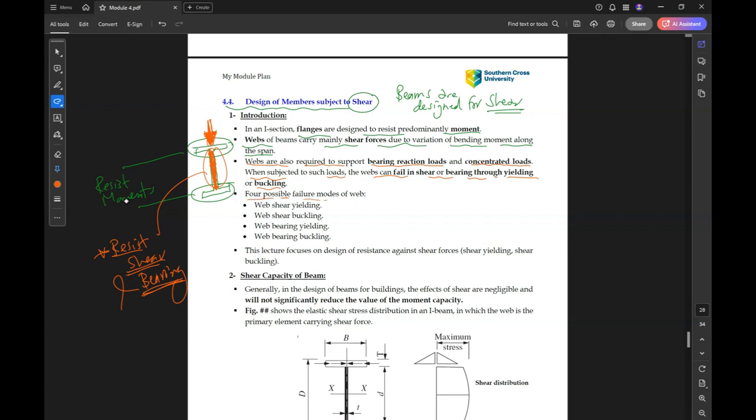Four possible failure modes can happen to the web: web shear yielding, web shear buckling, web bearing yielding, and web bearing buckling. Here I will only focus on the resistance against shear yielding and shear buckling. So no bearing is required in this lecture.